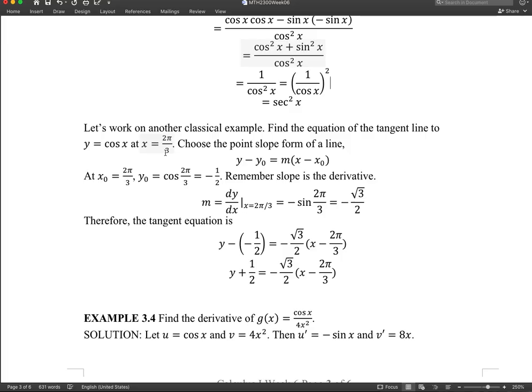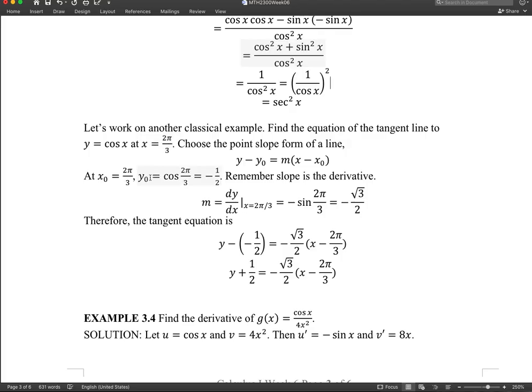Okay. So usually the way to handle the equation of a line, we use the point-slope form. So I have the point-slope form right here. And I suppose you do understand x naught, y naught form a given ordered pair, a given point. So the given point, clearly it is at x equal to 2 pi over 3.